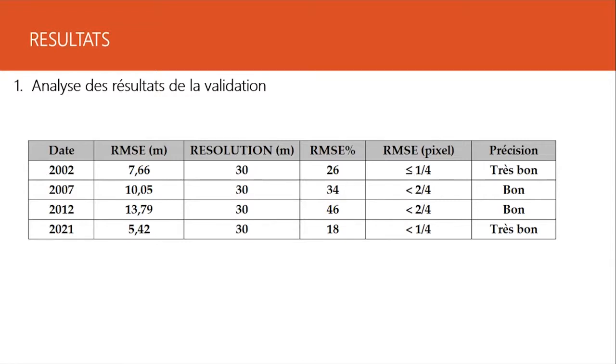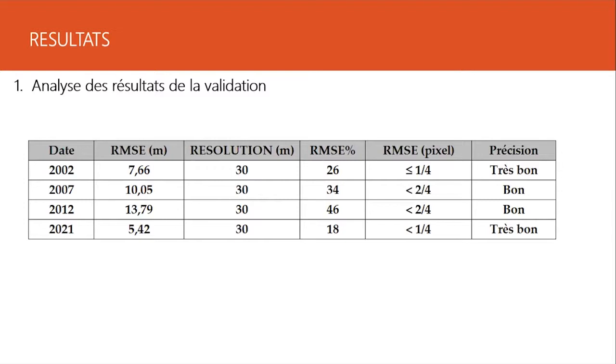For 2007, we had almost 10.10 something. And if we try to see, it was less than half or even 1/3 of the pixel. It was always tolerable. The same way for 2013, approximately less than half a pixel, which was also good. And for 2021, less than 1/4 pixel, that was a very good precision.